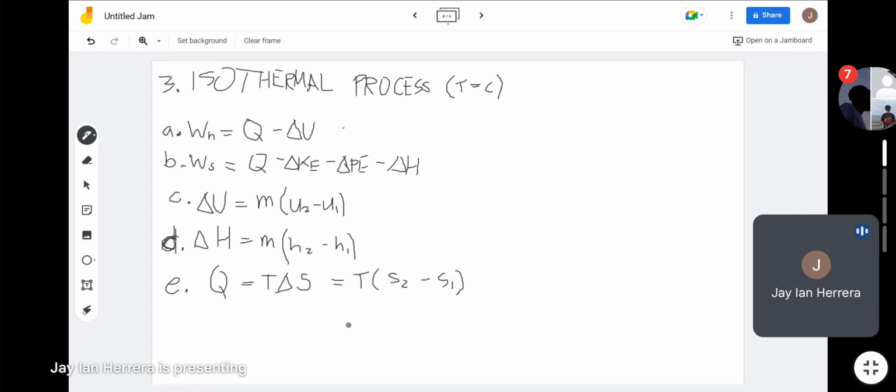Then lastly, our entropy. Ganun pa rin. Mass times entropy 2 minus entropy 1. Okay.